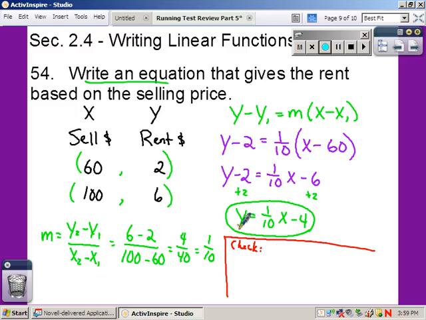So let's see if that works. So Marvin Garden is $280. And so 1/10 of 280, that's like 280 divided by 10, 28 minus 4. You do get 24 as an answer, which tells you that your equation is correct.